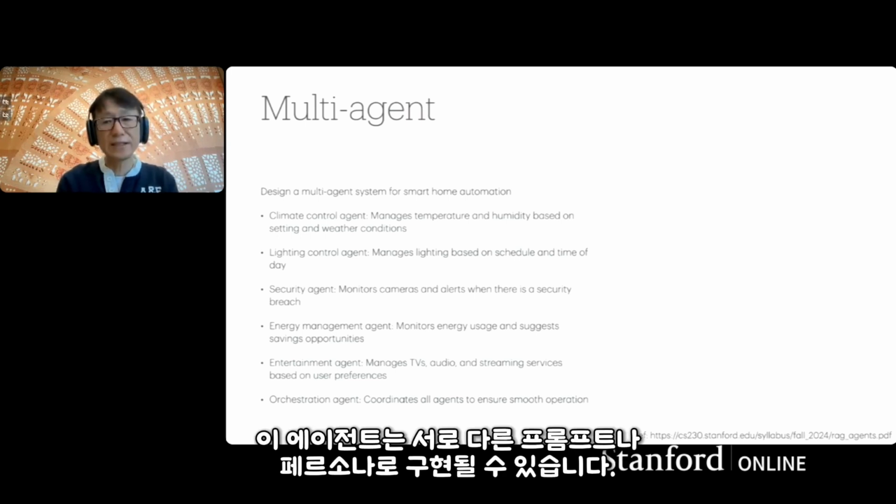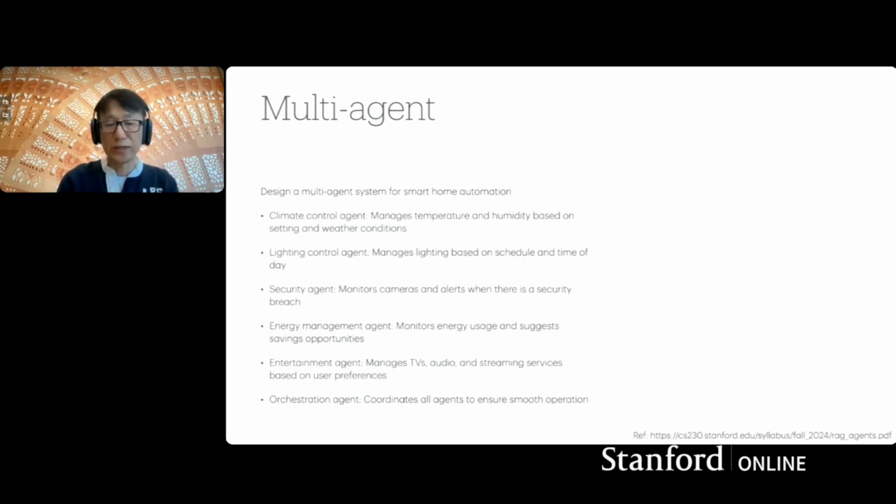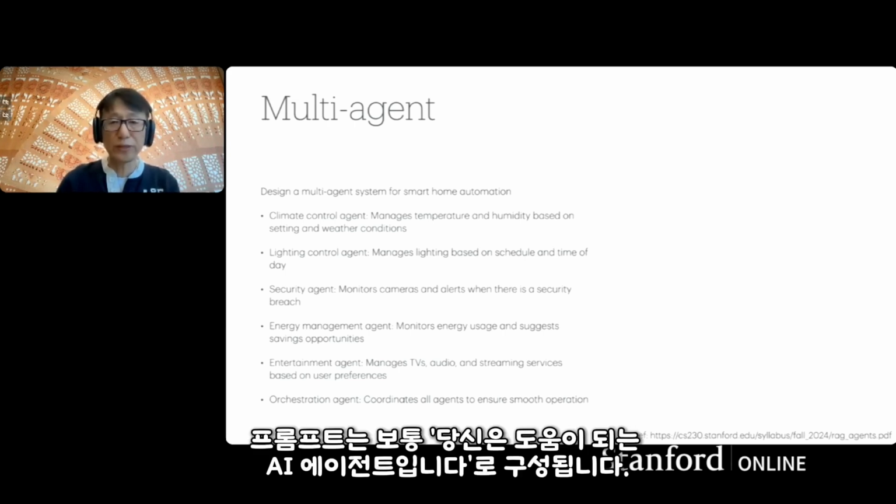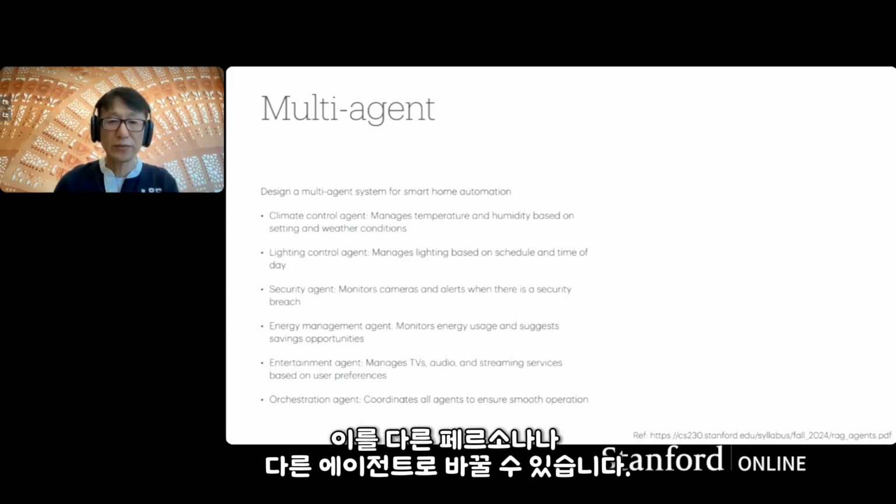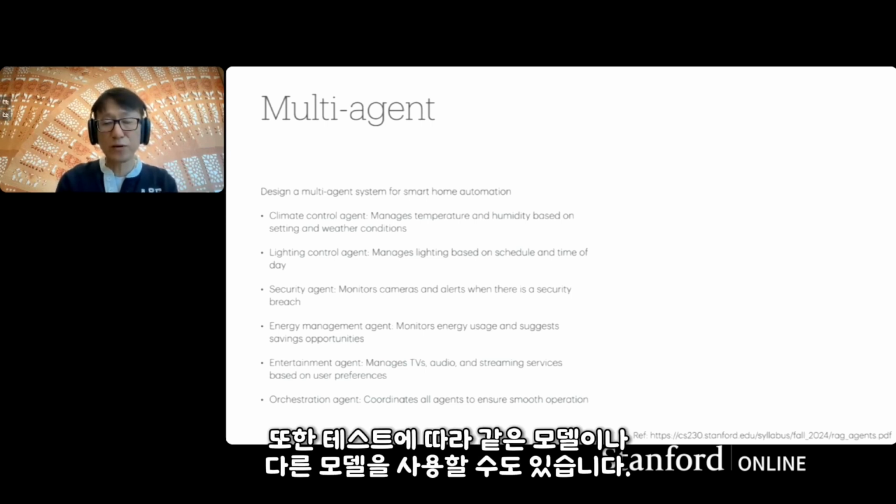In this context, an agent could be just a different prompt or a different persona. The prompt usually consists of 'you are a helpful AI agent', and you could change that into a different persona for a different agent. You may or may not use the same model or different models based on the task.